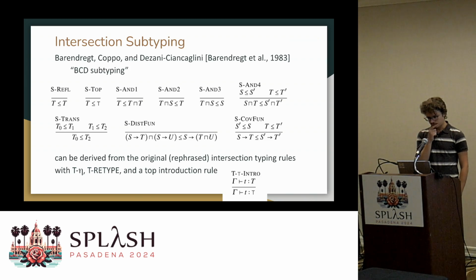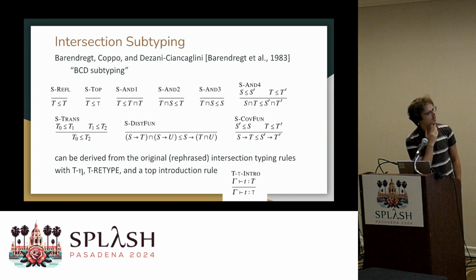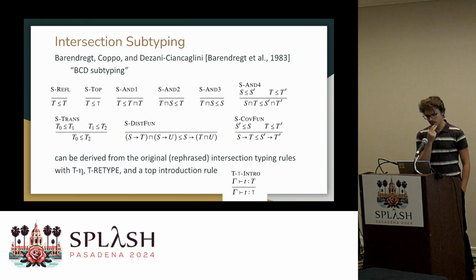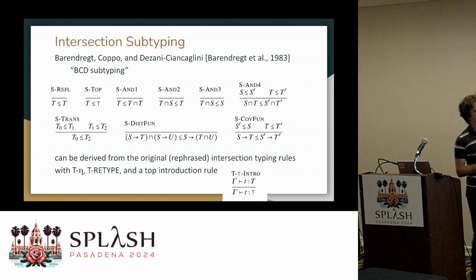So in 1983, BCD subtyping was proposed, which stands for the initials of the authors. This is basically a way of making subtyping aware of intersections, so that you can have these kinds of coercions at the type level. Right?